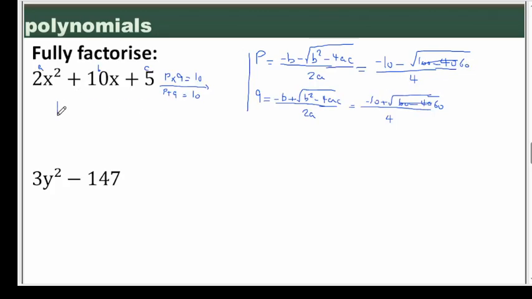Now I can write it in factor form. I open two parentheses, x plus p and x plus q.